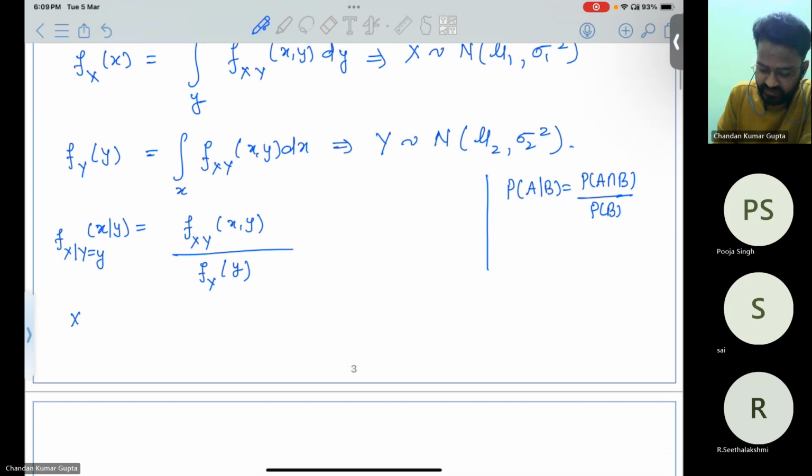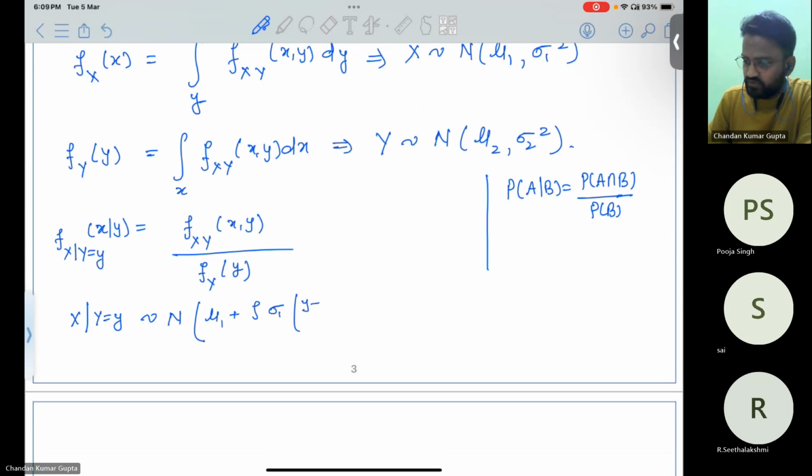So x given y equal to y follows a normal distribution again, with mean mu1 plus rho sigma 1 times (y minus mu2) upon sigma 2, which is the mean of the conditional distribution, and variance sigma 1 square times 1 minus rho square.